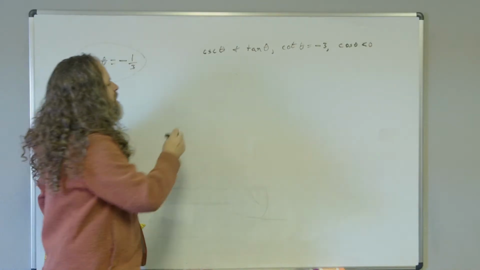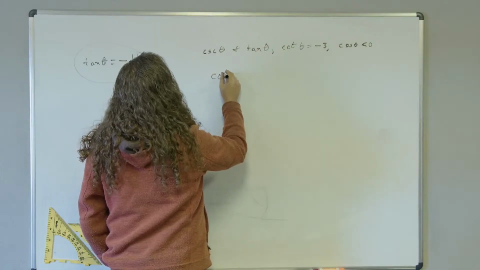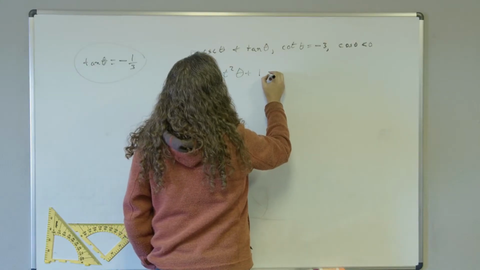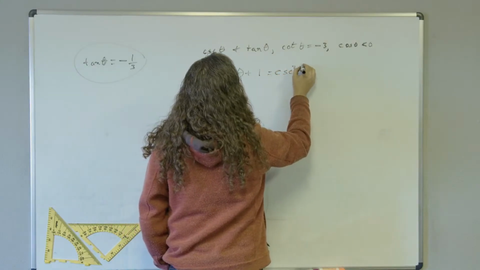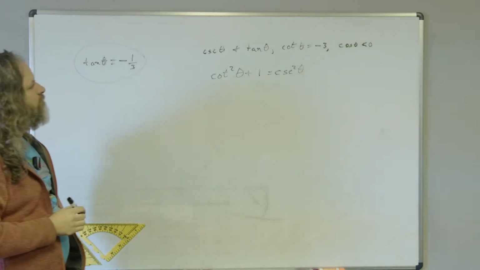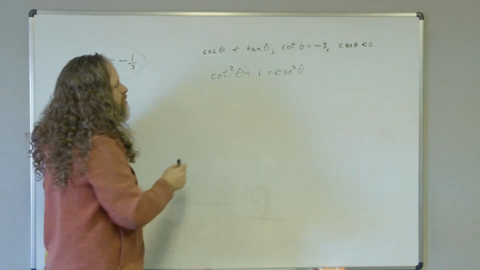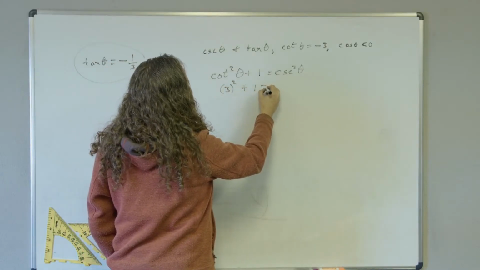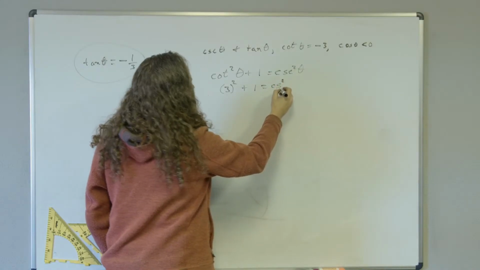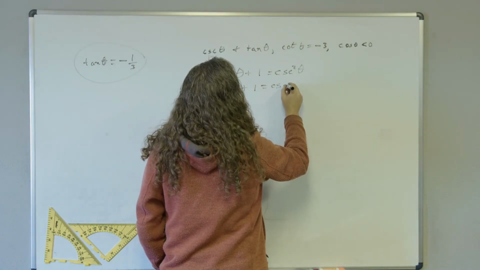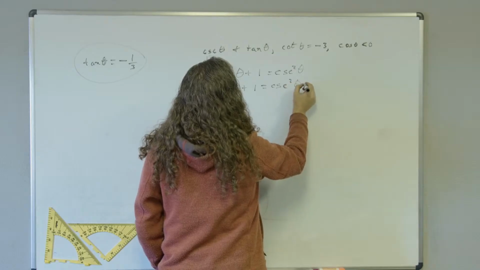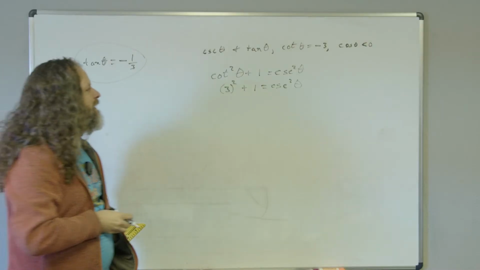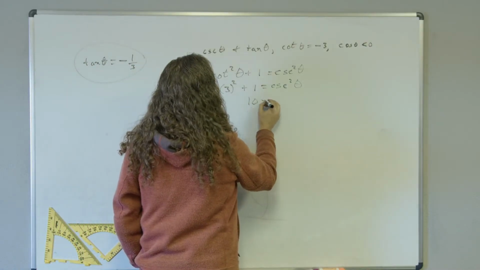Cotangent squared plus 1 equals cosecant squared. 3 squared is 9, 9 plus 1 is 10.